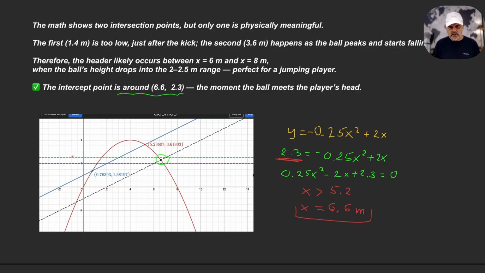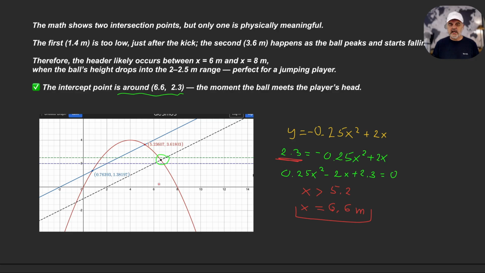The margin of possible height is between 2 and 2.5 meters. So anywhere there, you would anticipate the ball to be intercepted by the header. So it is past the 5.2 horizontal line.